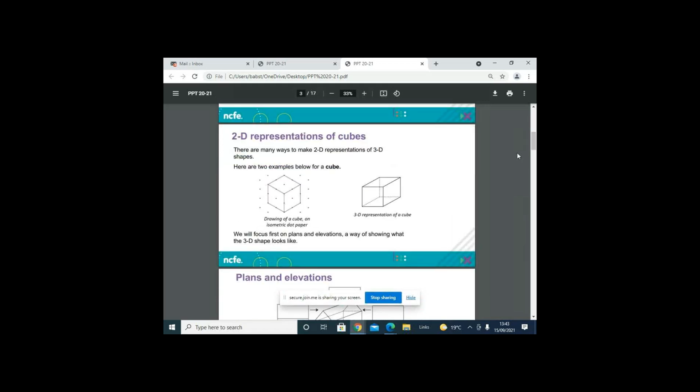The topic is normally a 1-2 mark question in the functional schema, but it's very important that you actually understand it. The topic is 2D representations of 3D shapes.